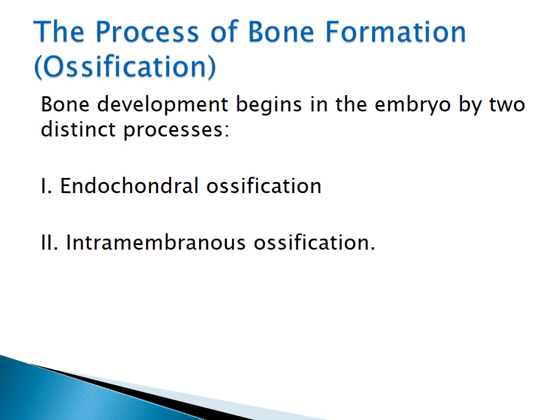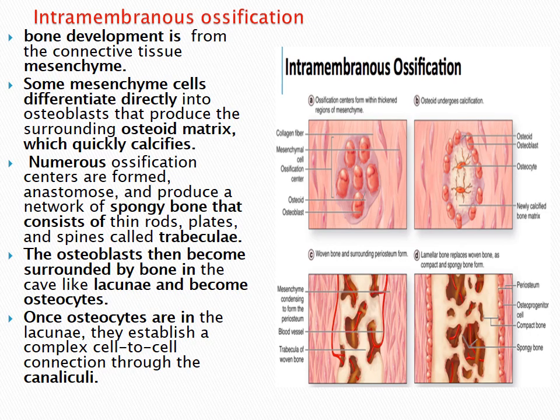So the process of bone formation, or the osteogenesis process, is of two types. That is, the bone develops in the embryo by two distinct processes, endochondral ossification and intramembranous ossification. In intramembranous ossification, the bone development is from the connective tissue mesenchyme and no previous cartilaginous model is formed.